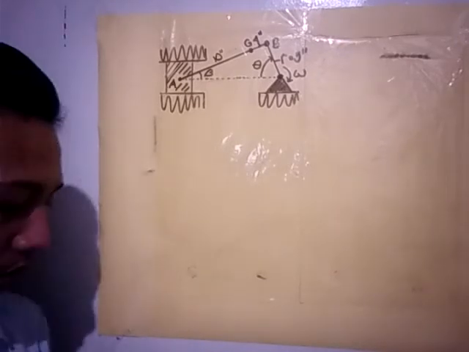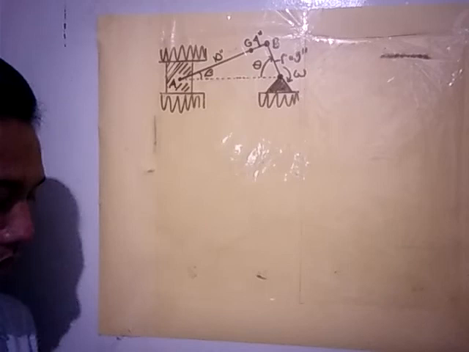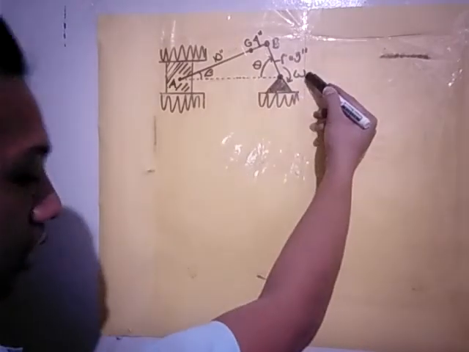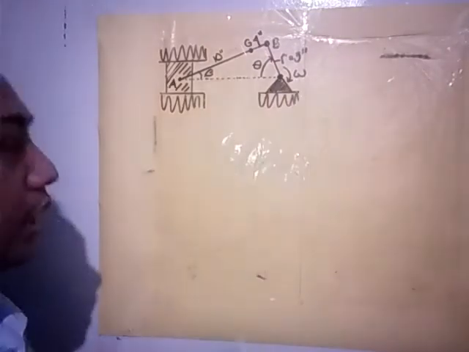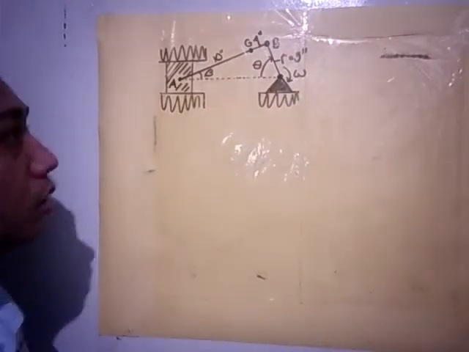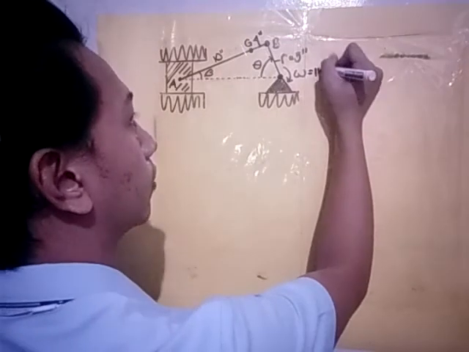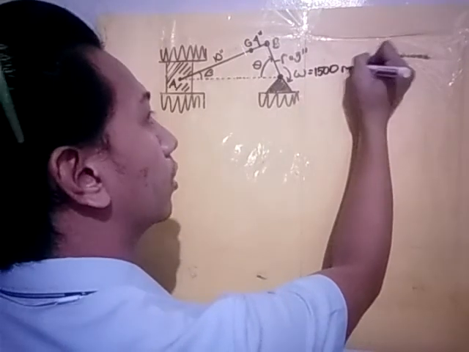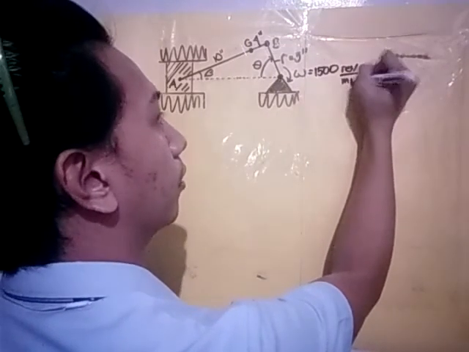Here in this problem, the crank OB has a constant clockwise angular speed omega, which is equal to 1500 revolutions per minute.